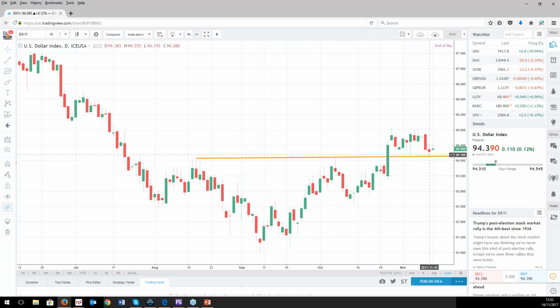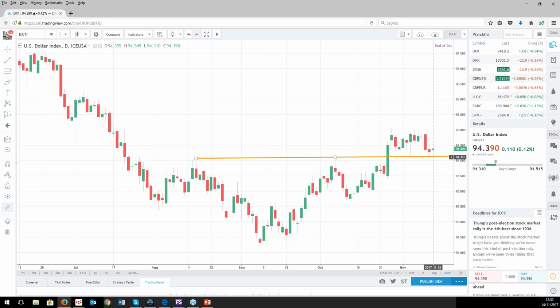And again, with this one, we've come back to retest the neckline, so we've got an opportunity, and that's right now as we speak. In fact, it is retesting that line on the dollar index chart. So that's actually, unfortunately for us, a slightly different story to what the euro US dollar chart is telling us. So one of them's right, one of them's wrong, and we'll know at the end of the day which is which.